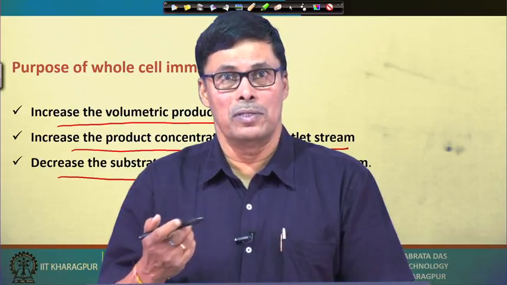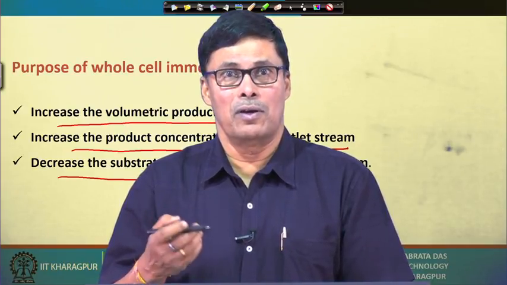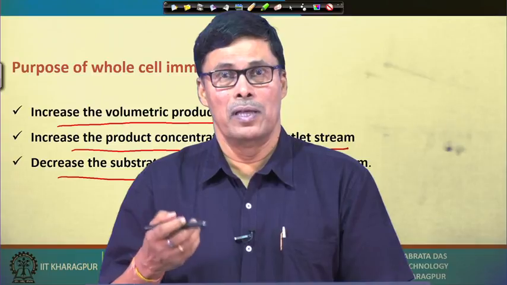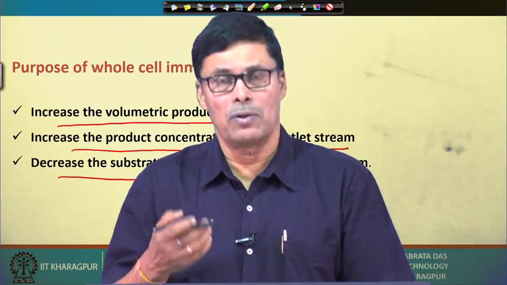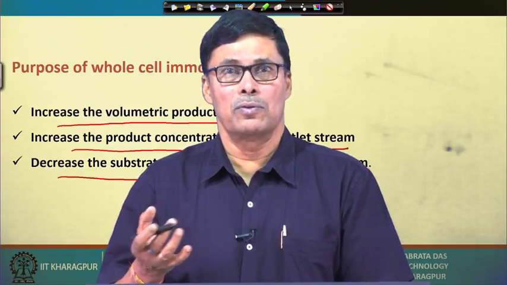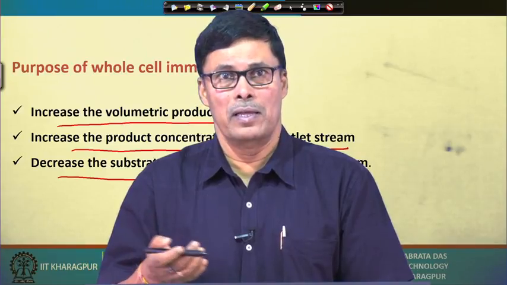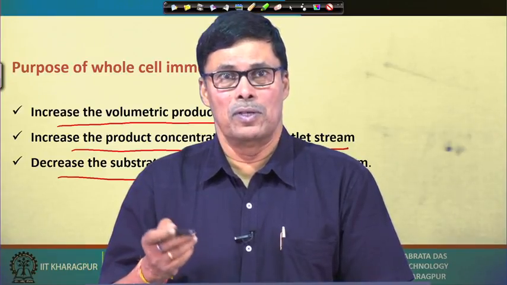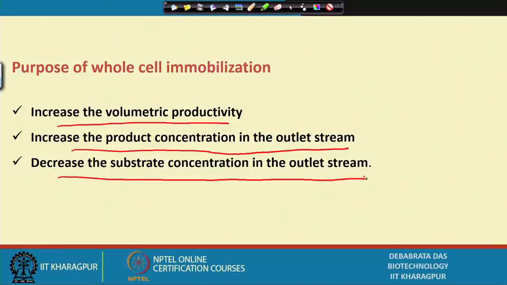Product concentration is also very important, because if the product concentration is high, the cost of recovery is lower. First is the volume. Suppose we assume 5 kg per cubic meter of product, and you increase the volume to 100 cubic meters.